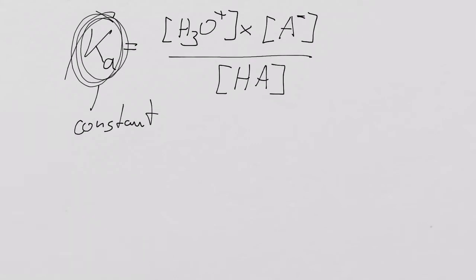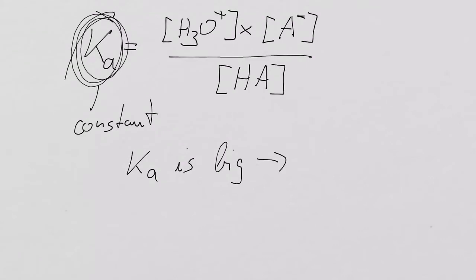Strong acid. Why? You should have a higher number on the top than the bottom. So Ka is big.